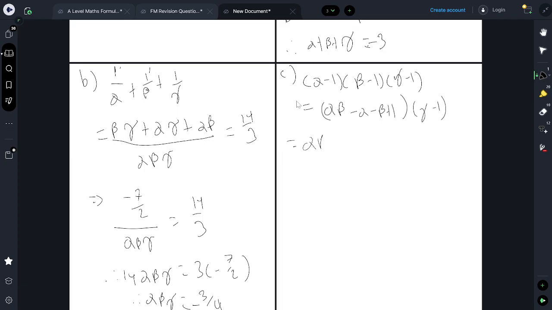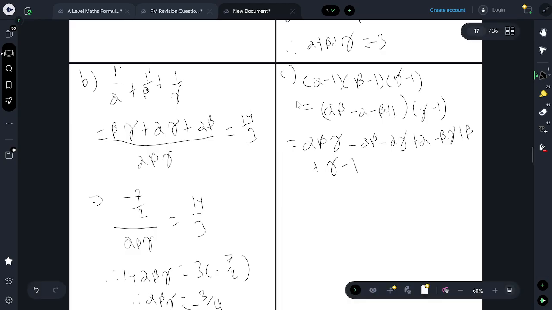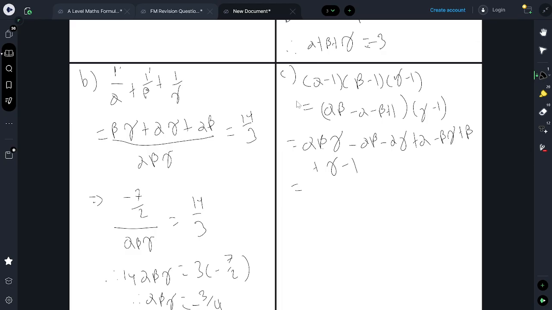Then that'd be alpha beta gamma minus alpha beta minus alpha gamma, minus beta gamma, plus alpha plus beta plus gamma, minus 1. And actually, that's great because we know all these three, don't we? We've already worked all these out. The products, the pairwise sum, and the single sum.